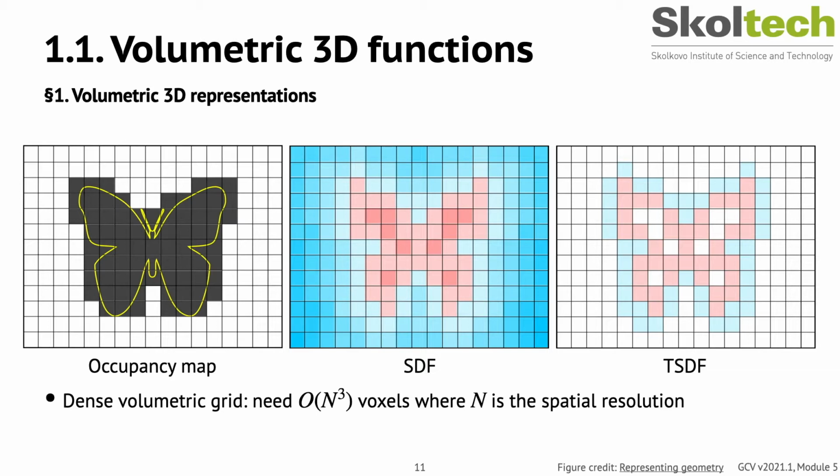So in each cell you can store a binary occupancy mask or a signed or unsigned, possibly truncated distance value. Then the resolution plays an important role, since to represent a 3D shape at spatial resolution n, one needs at least n cubed voxels. So this once again means that memory requirements, for example, grow cubically with resolution, so does the compute.